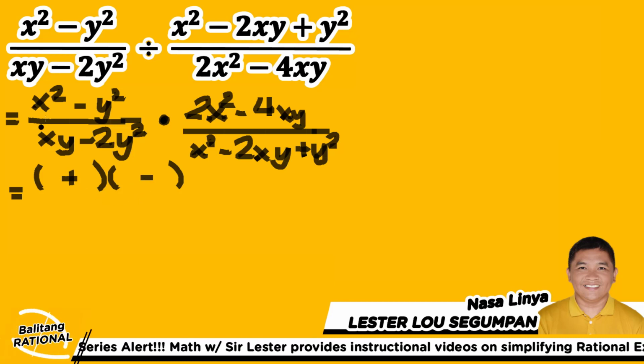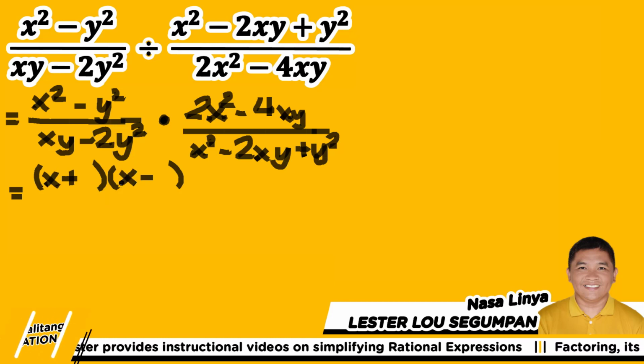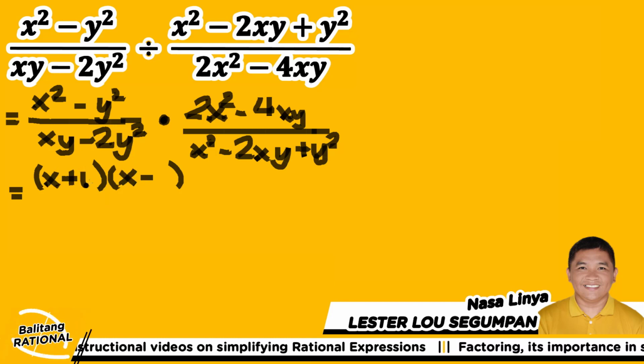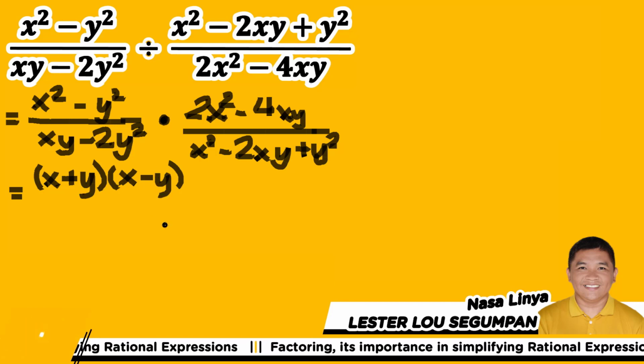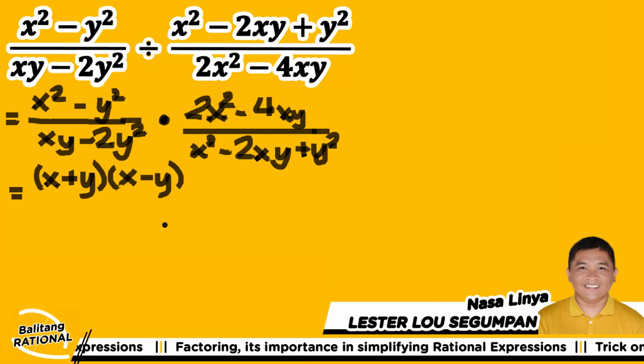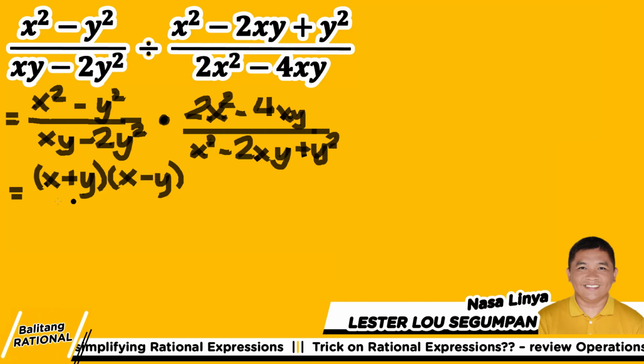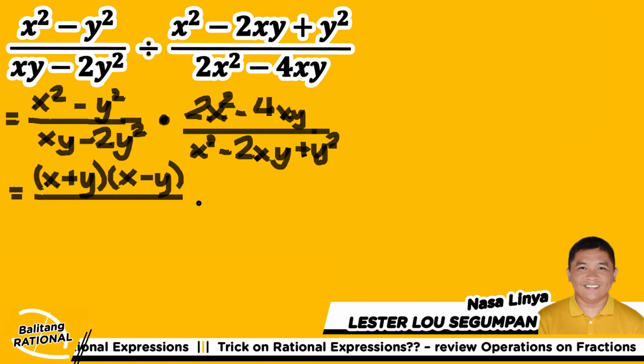We have this, square root of x squared, x. Yun din po ang ating ilalagay dito. Square root of y squared is y. Yun din po dito. So the factor of the numerator of our first rational expression ay binomial expressions na x plus y at x minus y all over our denominator.